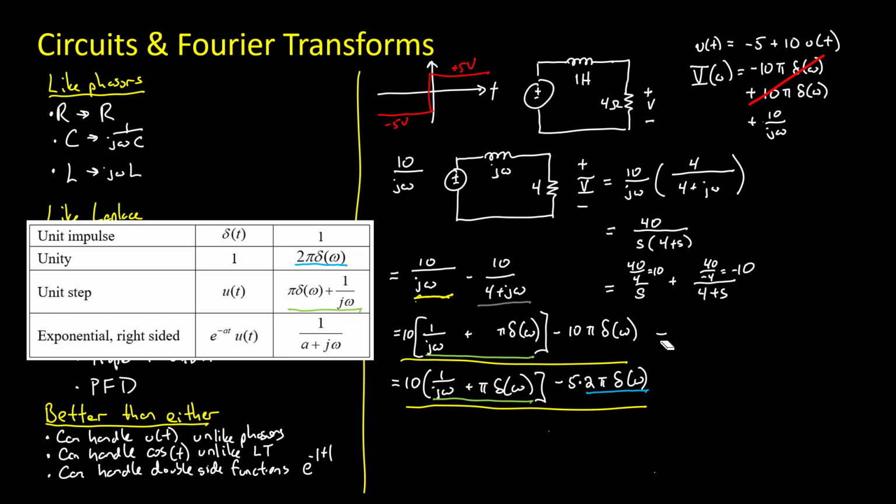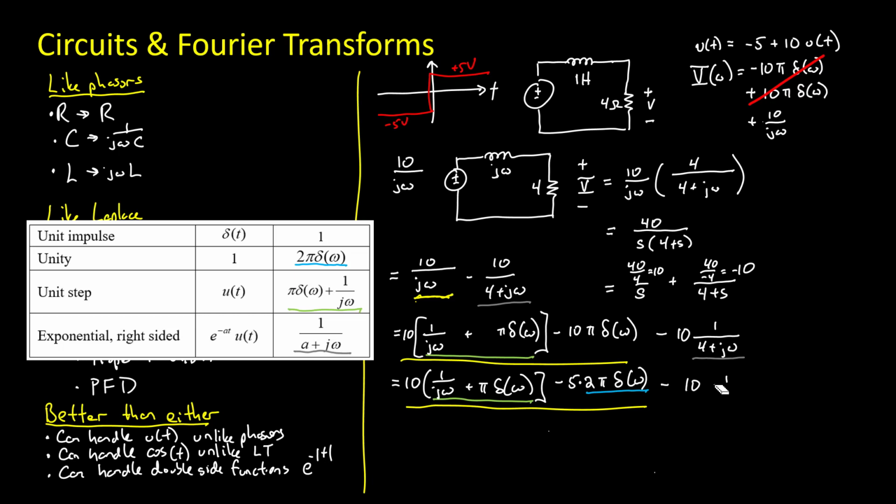Looking in the table, that looks very similar to this section. So we can rewrite it like that: 1 over 4 plus j omega, all multiplied by 10. And now we can identify that this is the same thing as what we've underlined in gray over here.